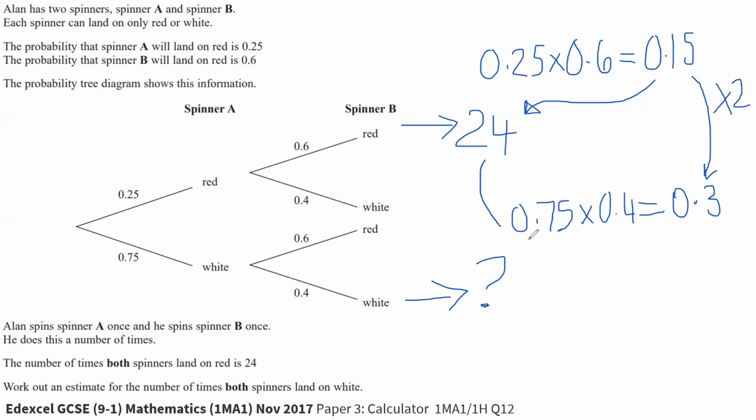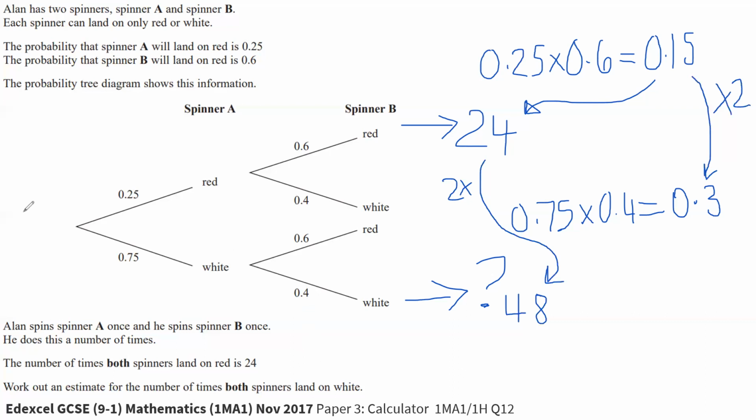So if we do the same for the number of times this happens, we times it by 2, because we know that the probability is times by 2, we'll then get 48 as the predicted number of times that both spinners land on white.